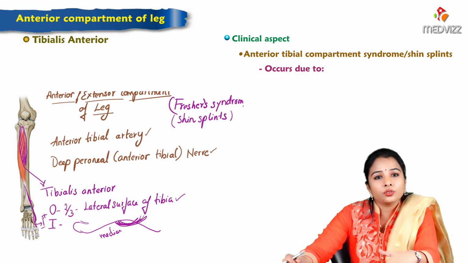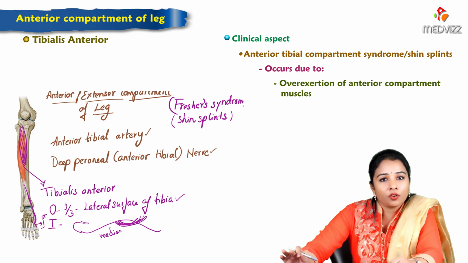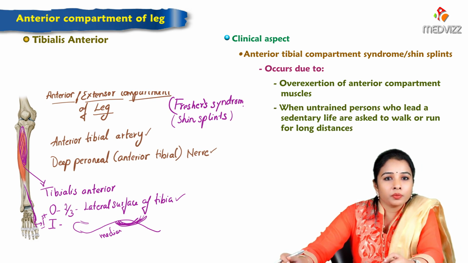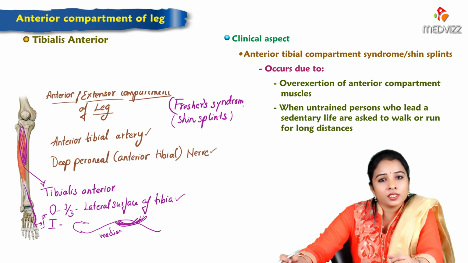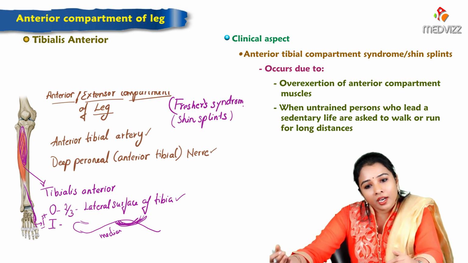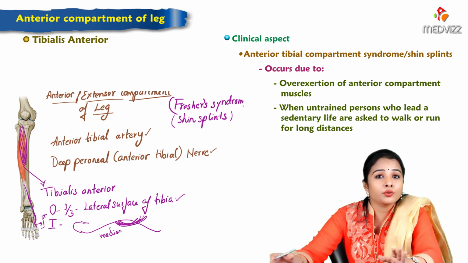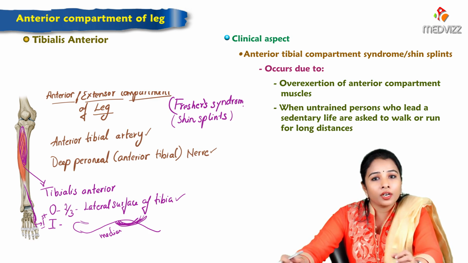It occurs due to overextension of the muscles in the anterior compartment, especially when untrained persons who lead a sedentary life are asked to walk or run for long distances. That means if a person is already adapted to a sedentary life and suddenly is made to do severe exercise like walking or running for long distances, then shin splints occur.